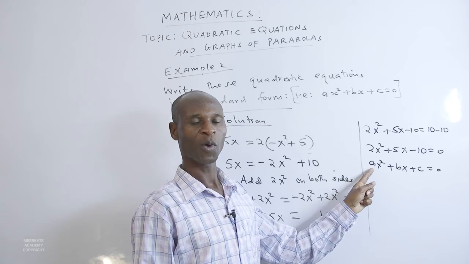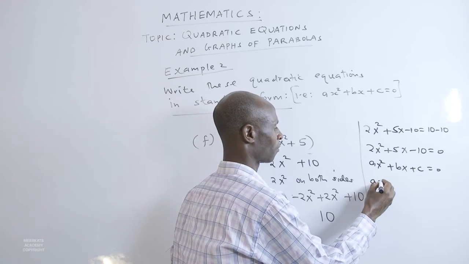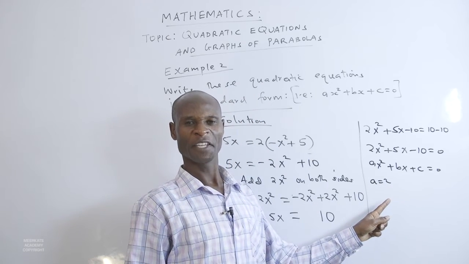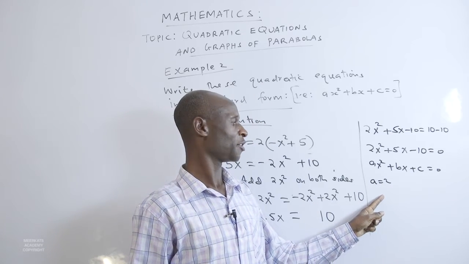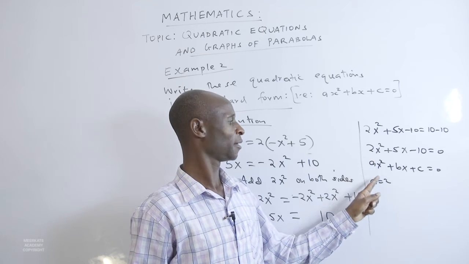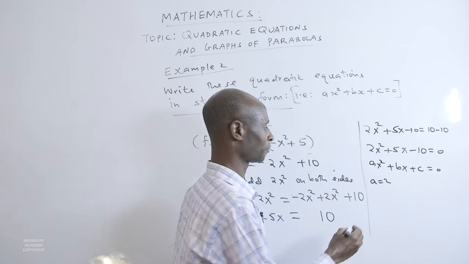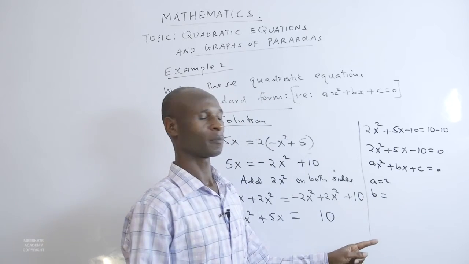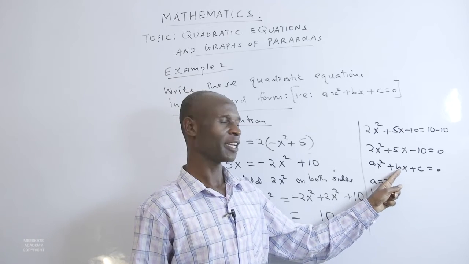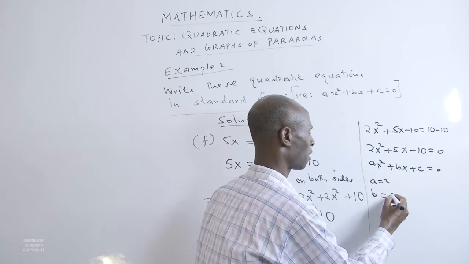So in our case, what is a, class? I believe you have discovered that a is 2 by comparing the coefficient of x squared. Then b, what is the value for b? Again, I believe by inspection you have discovered that b is 5.